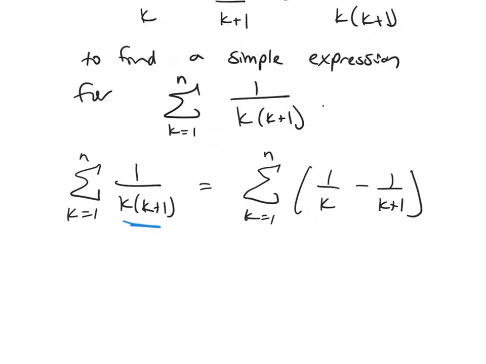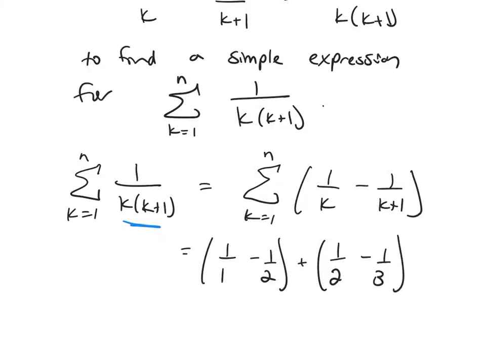And now let's write out the expanded form of this. 1 over 1 minus 1 over 2. That's what I get when I plug in k equals 1. Now plug in k equals 2, 1/2 minus 1/3. And if you notice, you'll see the negative 1/2 and positive 1/2 cancel.